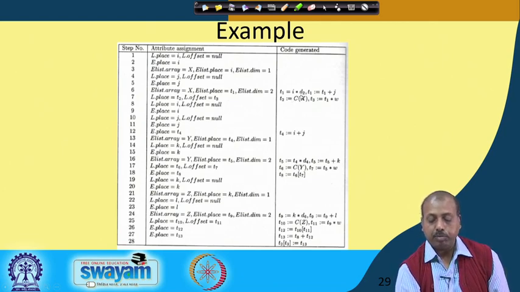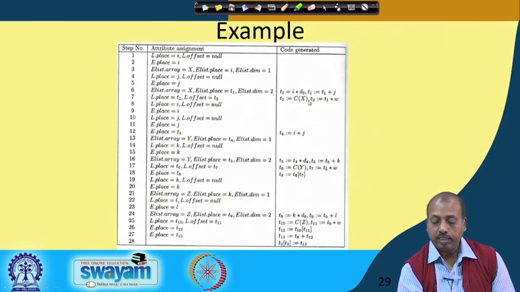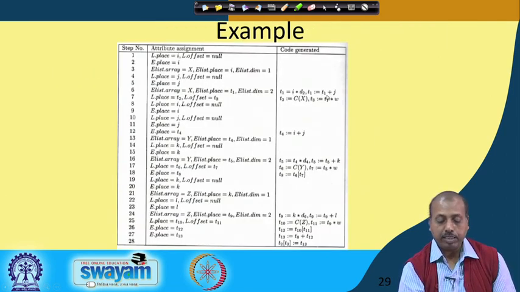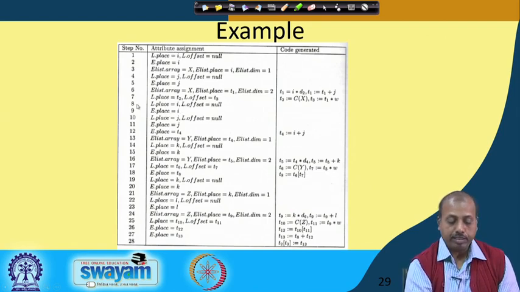So, that is the size of the second dimension. So, I into D 2, then T 1 equal to T 1 plus j. So, that is T 1 plus the offset part E dot place. So, that will be added. So, this code will be generated.